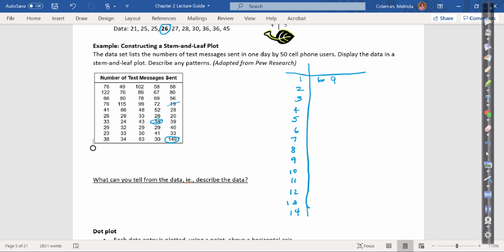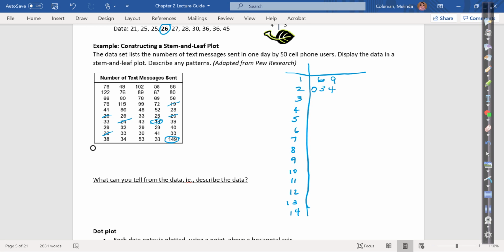The next number is 20. And so I'm going to do 2, 0. And then we have 23. And then 24. And then 26. And when we get to 26, 26 occurs twice.